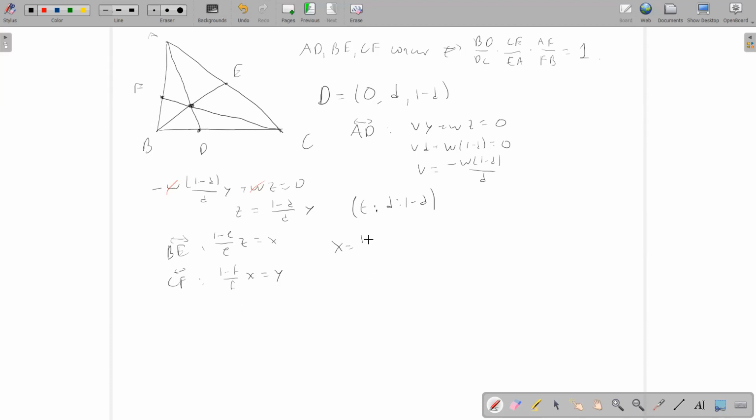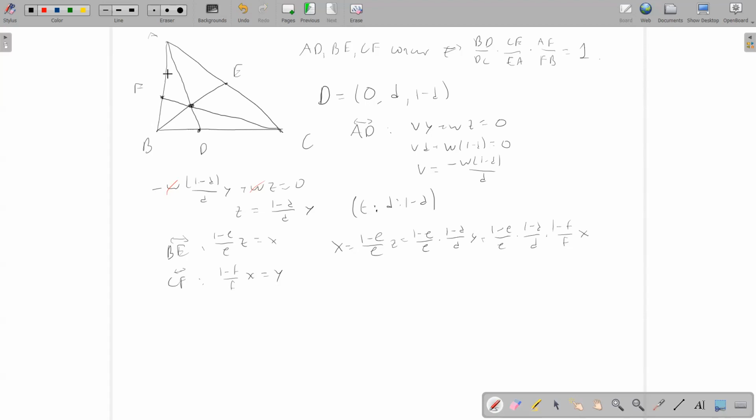Well, if it has a solution, we know x equals 1 minus e over e times z, but z equals 1 minus d over d times y. But y equals 1 minus f over f times x.